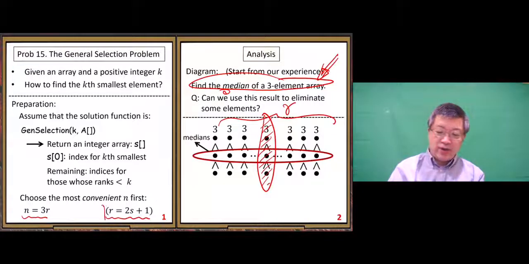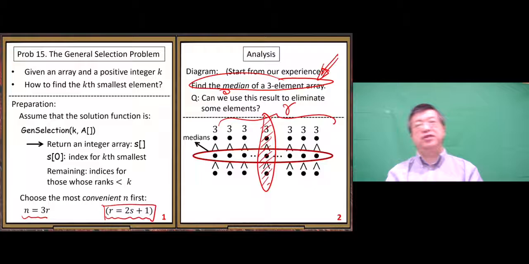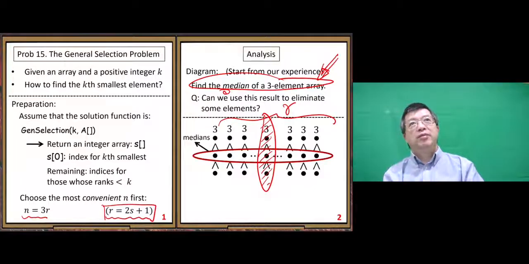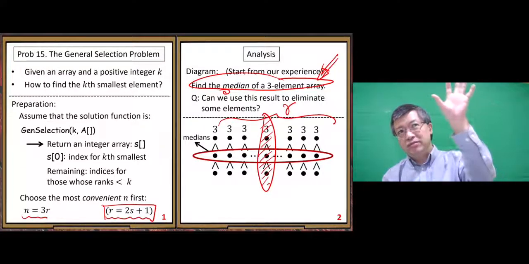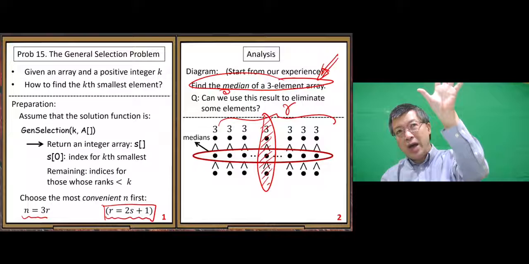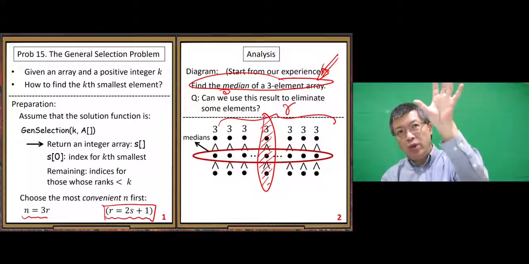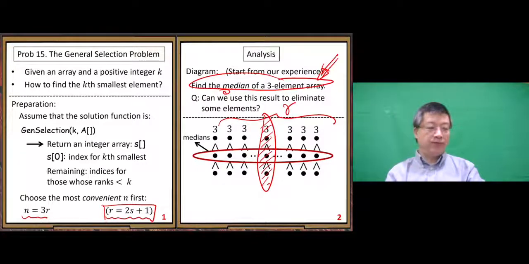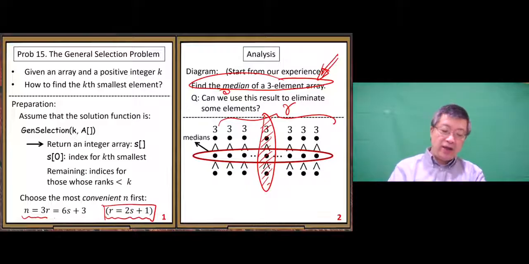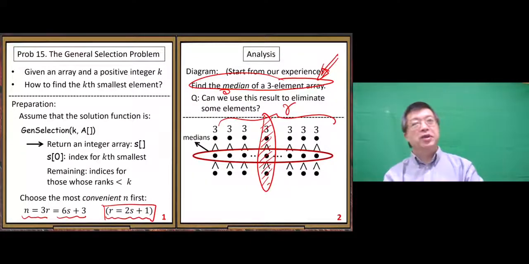So that's why we assume that first. Later, if it's not that, we can do the adjustment easily. Now we just pick a number with the format that we really want to have. So then n equals 6s plus 3.